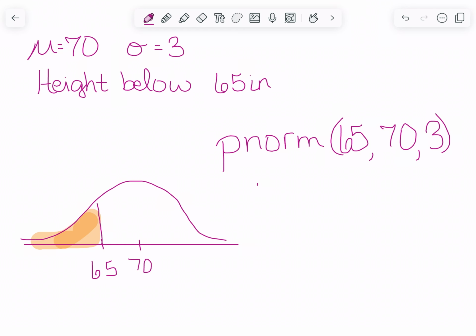We can type this into RStudio, and if we do, we get the value 0.04779. This tells me that the probability a randomly selected adult male in the United States being shorter than 65 inches is 0.04779, or a little less than 5%.